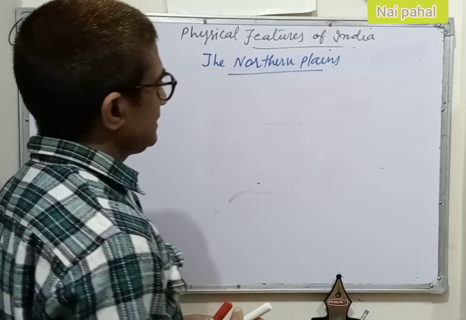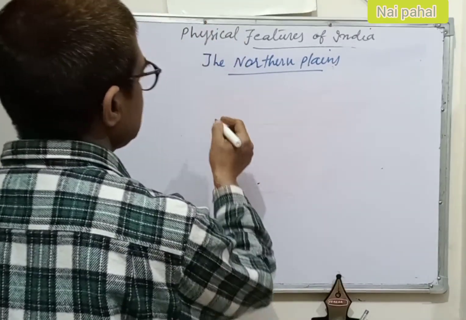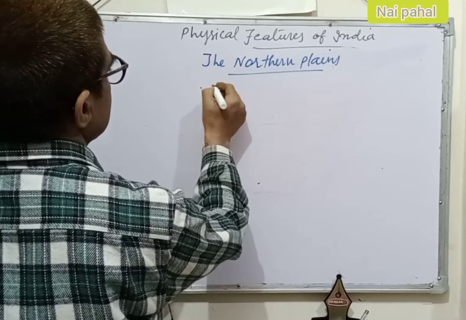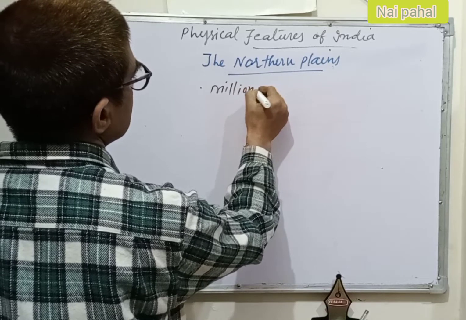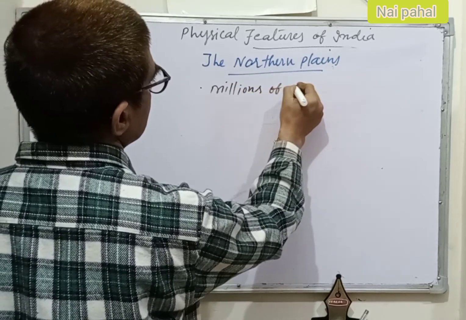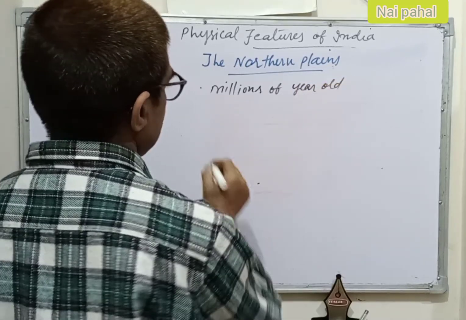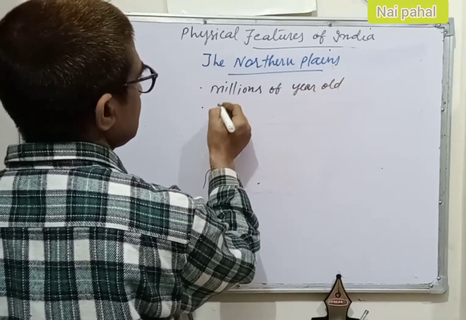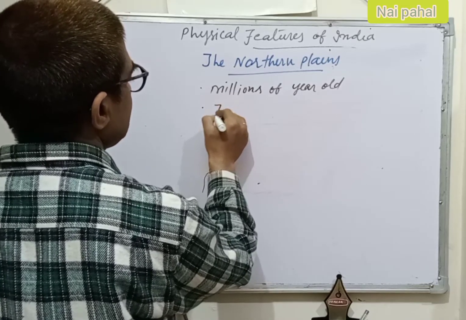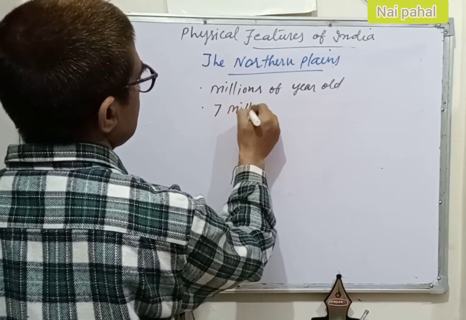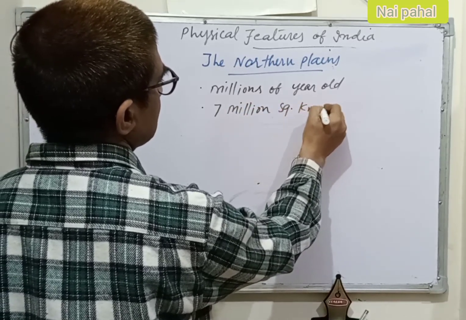First we will see the Northern Plains. This Northern Plains is millions of years old, number one thing. Second thing, this Northern Plains is spread over nearly 7 million square kilometer area.